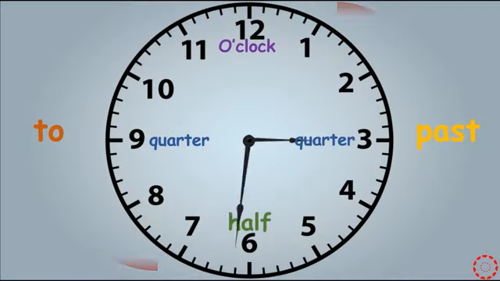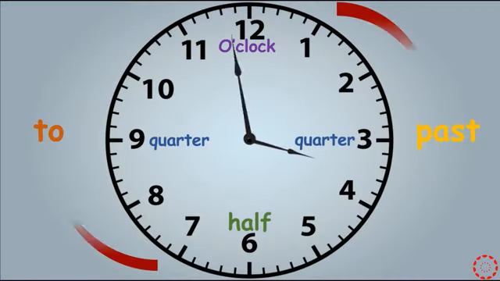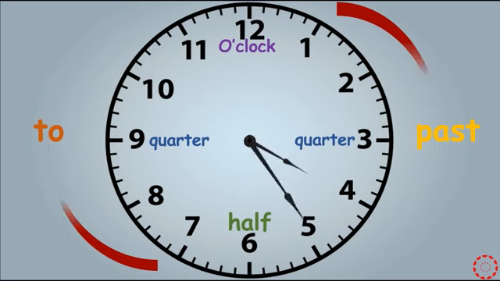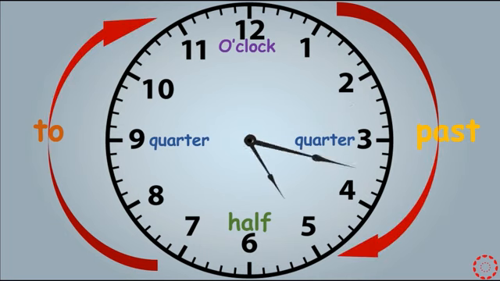For example, we have a clock. First, we have to divide the clock into two sides, the right side and the left side. And we have two elements. This long one, which is very fast, is the minute hand, and the short one, which is very slow, is the hour hand.